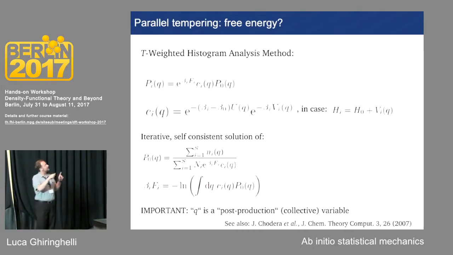The important point is that this coordinate is not decided before the simulation. So you let the system evolve with its natural dynamics if you use molecular dynamics, or natural sampling if you use other sampling.